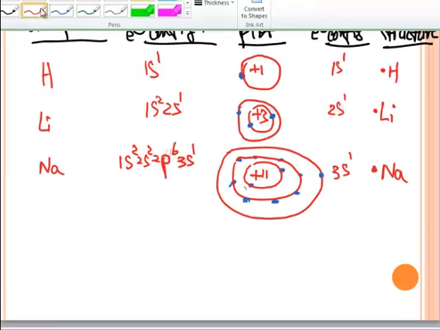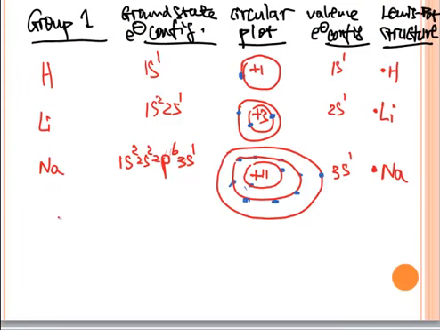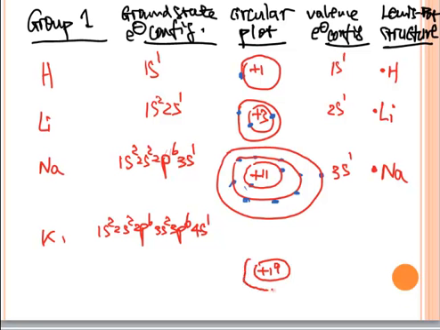Let's take a look at the next one in this group. That will be potassium. Potassium has 19 electrons, so it's 1s2 2s2 2p6 3s2 3p6 4s1. So now I have a plus 19 and 4 rings, because I have a 4s1.